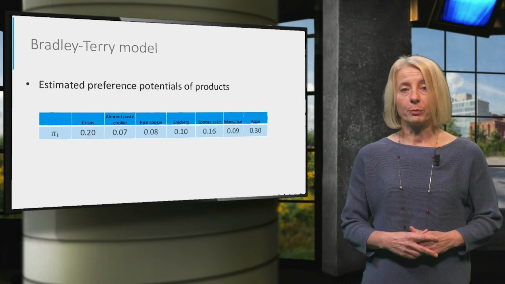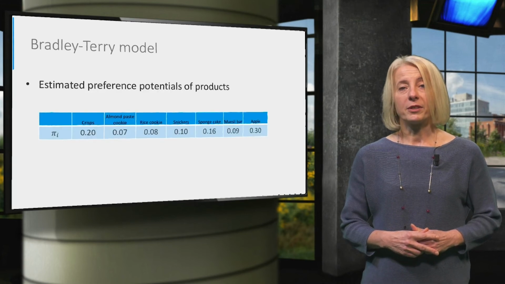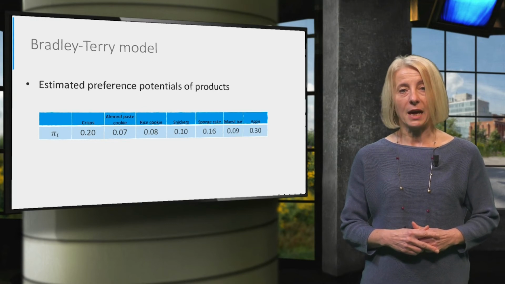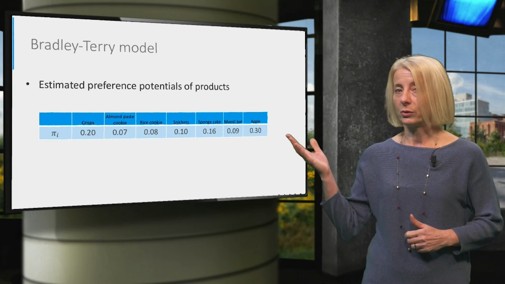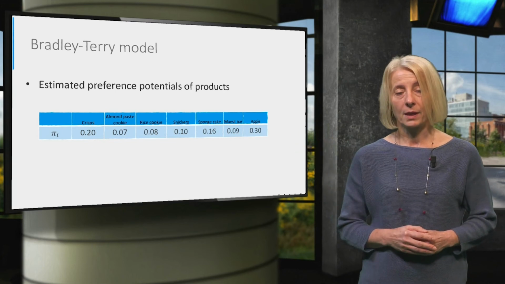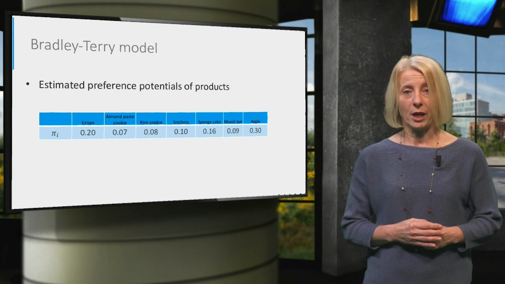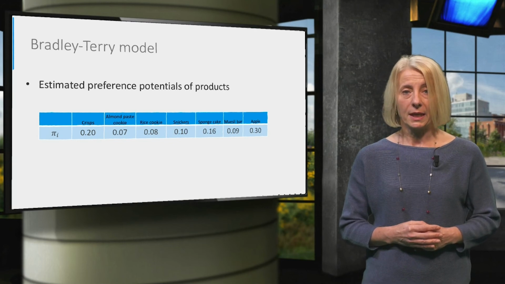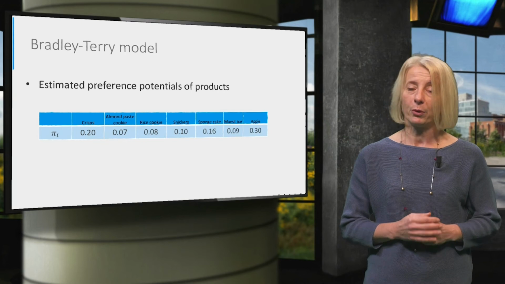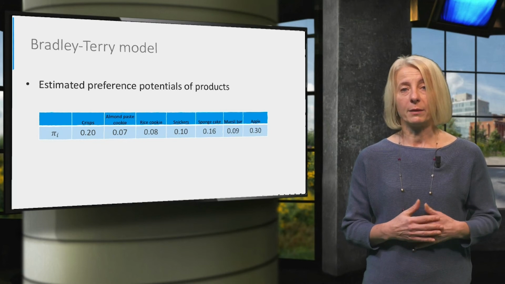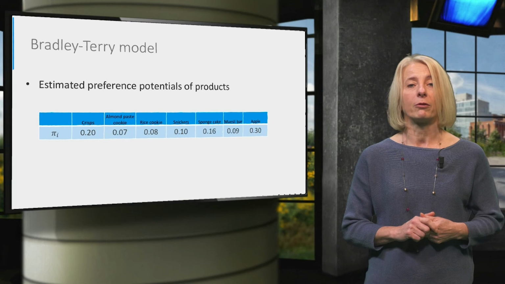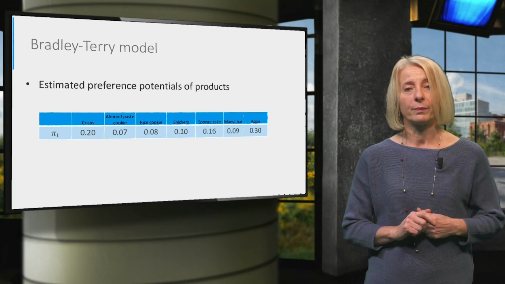The estimated potentials of the 7 snacks using data elicited from 79 experts are shown in the table. As we expected, the largest preference potential of 0.3 is estimated for an apple, followed by the preference potential of a bag of crisps equal to 0.2.